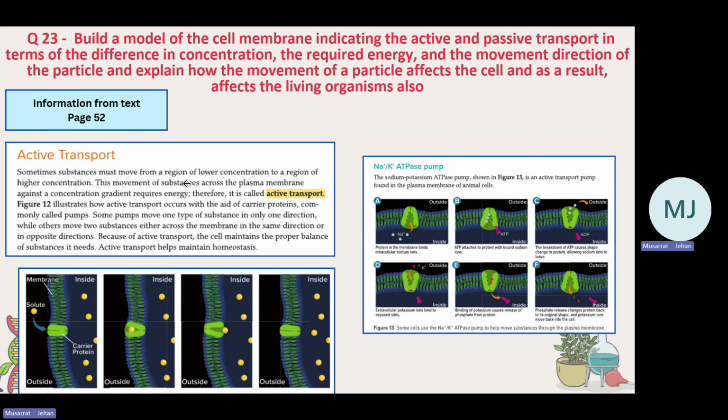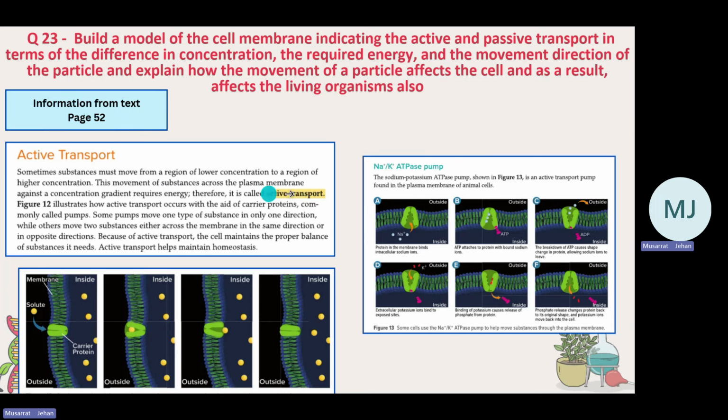But when they're going against the concentration gradient, that is from low to high concentration, then they need energy. Like if you have to climb up a hill from the bottom, you need energy. So they need energy. This is known as active transport.